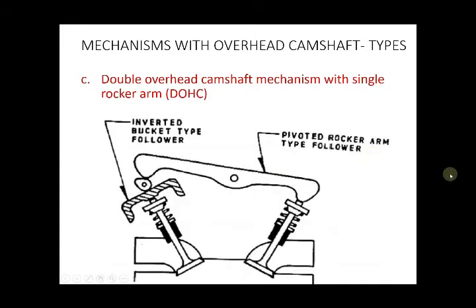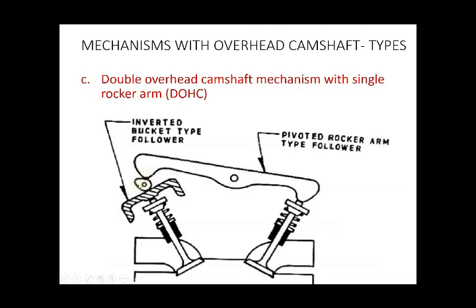Then we have the double overhead camshaft mechanism with single rocker arm. So here we have a single cam that is operating over a single rocker arm, and this rocker arm is responsible for opening and closing of the inlet as well as the exhaust valve. So we just have a single rocker arm and a single cam system.